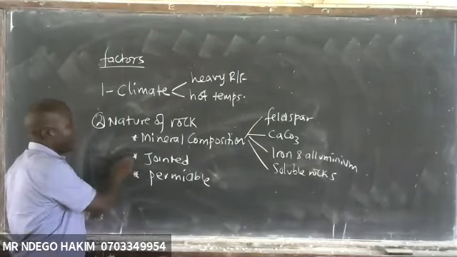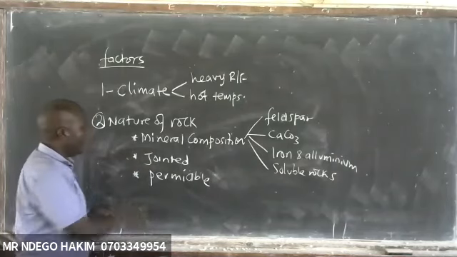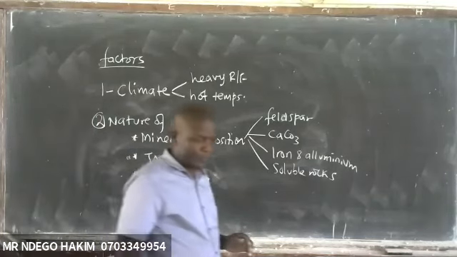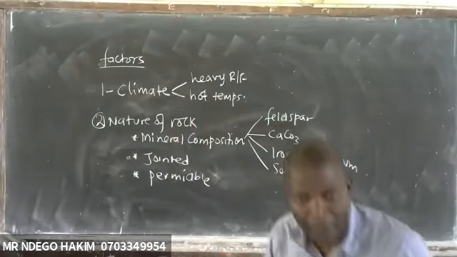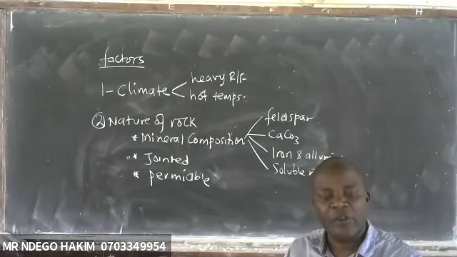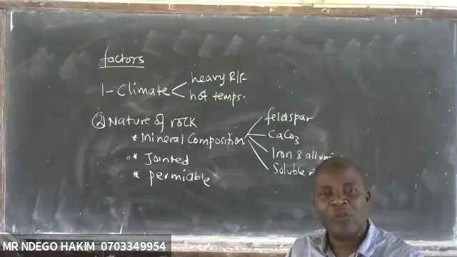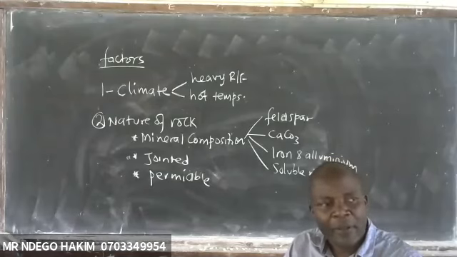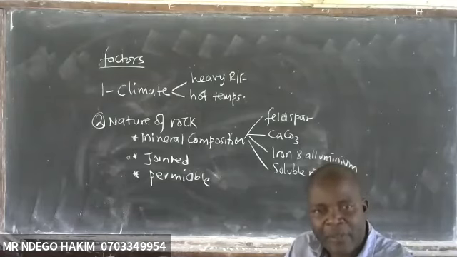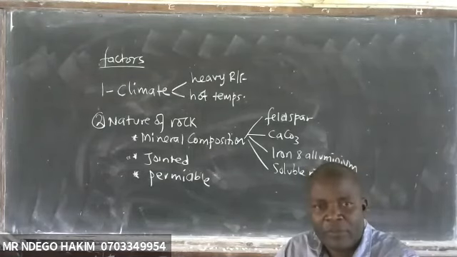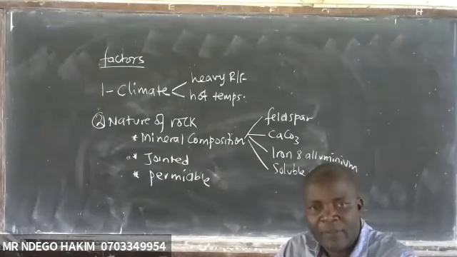We can begin with jointed rocks, because in tropical areas, jointed rocks allow percolation of water. Water uses joints to penetrate the internal structures of the rock, dissolving minerals, leading to chemical weathering processes like carbonation. For example, limestone rocks are jointed. You see that?